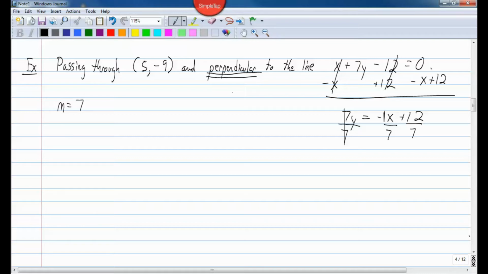Alright, so now we have a slope of our new line, and we were given a point of our new line. So label your point, x sub 1, y sub 1. Then I can write the equation of this line in point slope form.